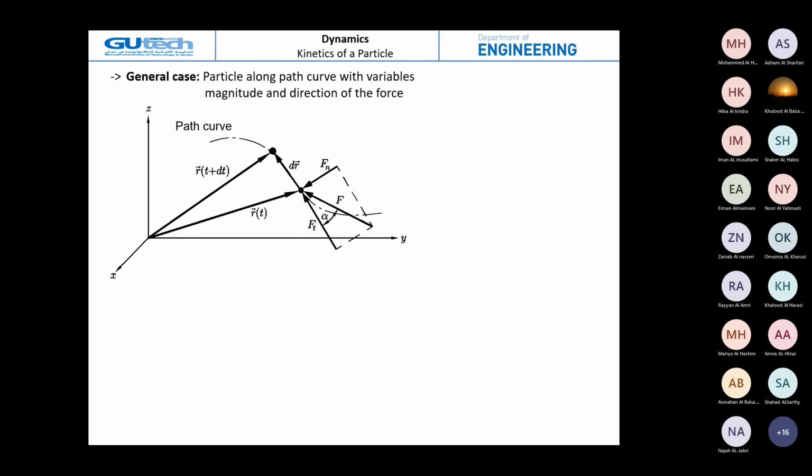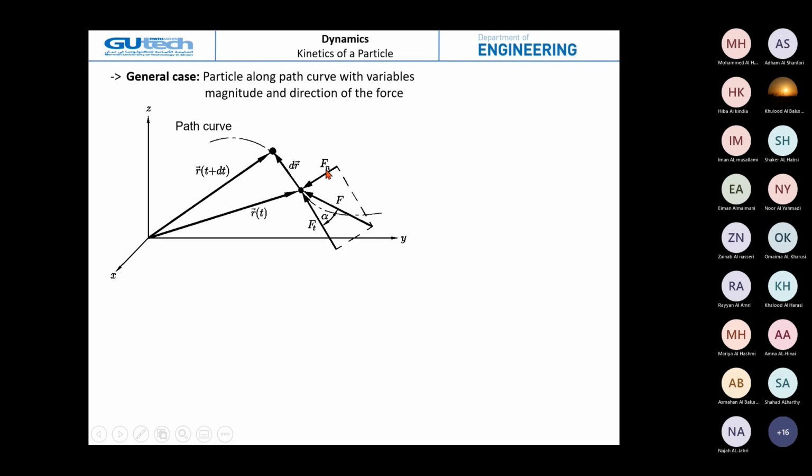Now we take the general case, not only the motion along the horizontal direction or the tangential direction. We take now this path curve here. What we have here is the particle along a path curve with variable magnitude and direction of the force.